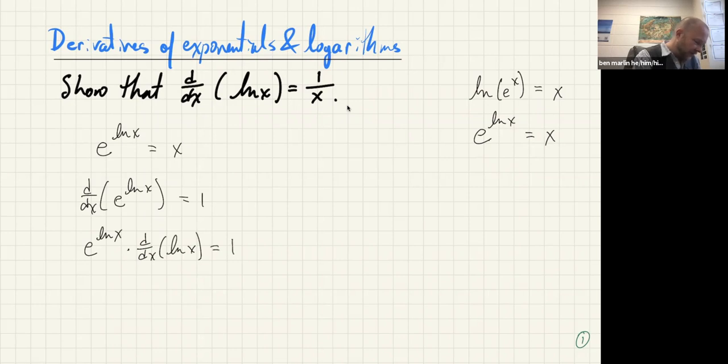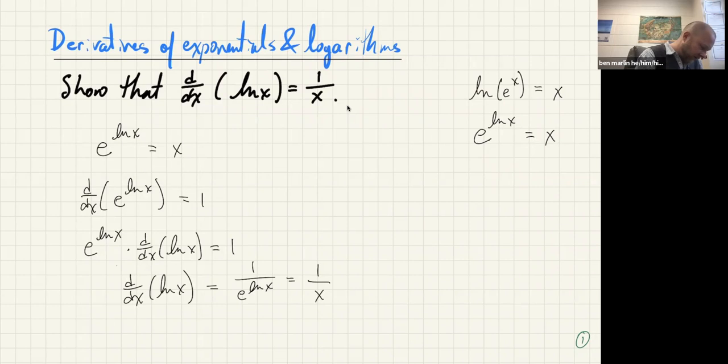So this means that the derivative of log x is 1 over e to the ln x. And we could just leave it like that unless we happen to know that special property that those are inverse functions and they just undo each other. So that gets us that 1 over x is the derivative of your log x.